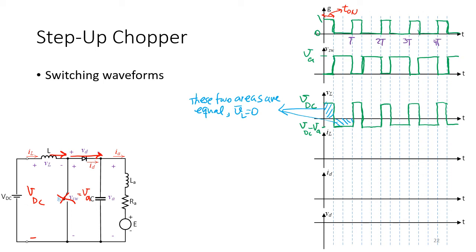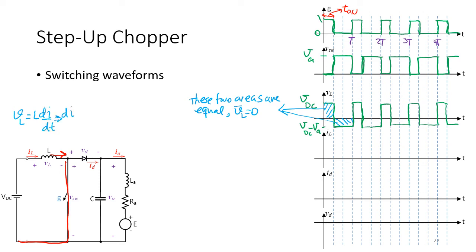During the on time, the first time that G is on, as we said, the voltage across it is VDC. And we know VL is equal to L di/dt.